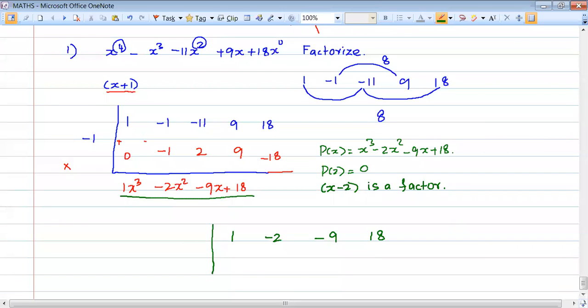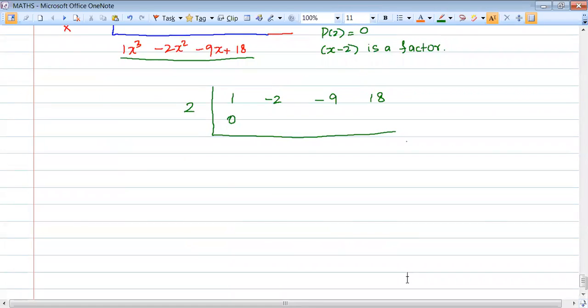Then you can start with plus 2, put 0 here and start to find the answer. So here 1 will come and in this place 2 will come. Then here 0 will come, here 0 and minus 9, and here minus 18, this place 0.